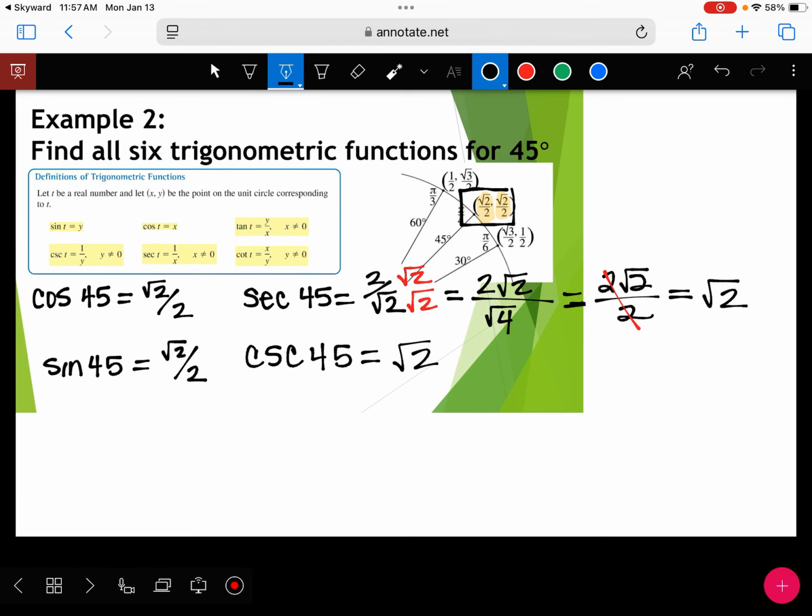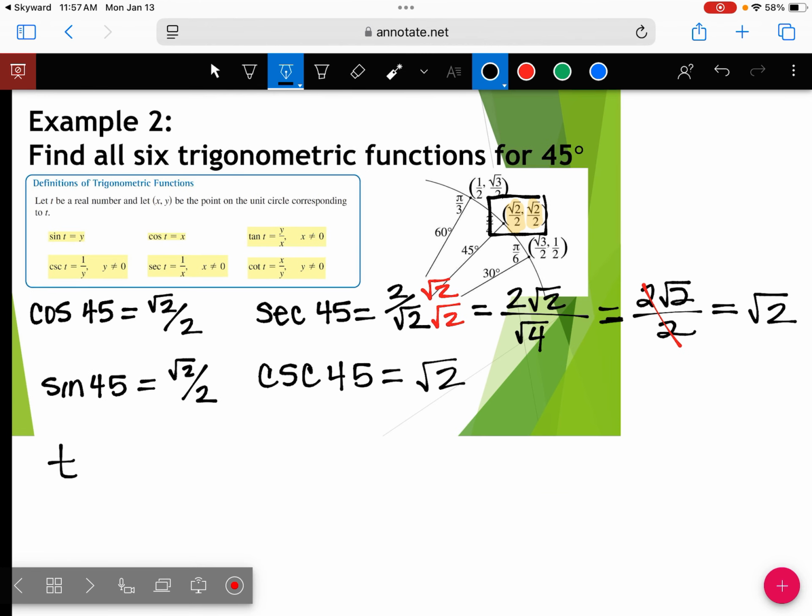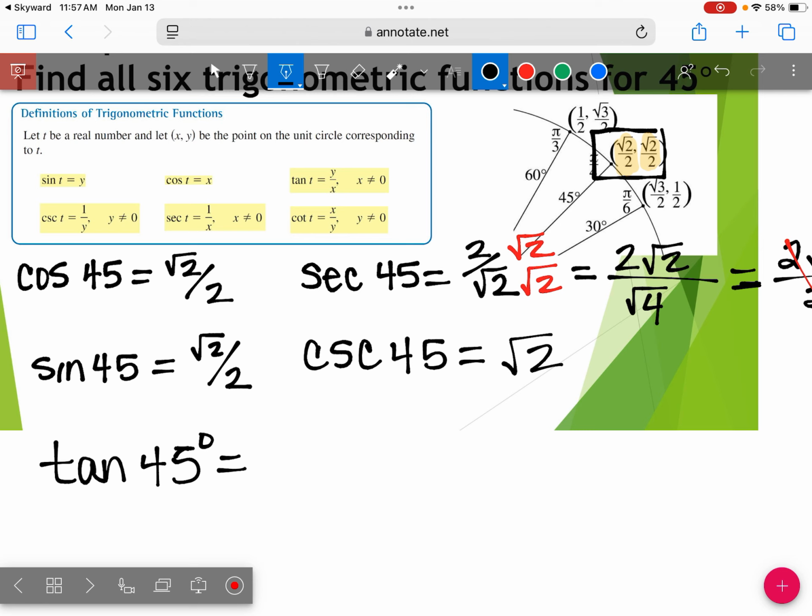Now, lastly, we have tangent and cotangent. Now, remember, tangent of 45 is going to equal the sine of 45 divided by the cosine of 45.